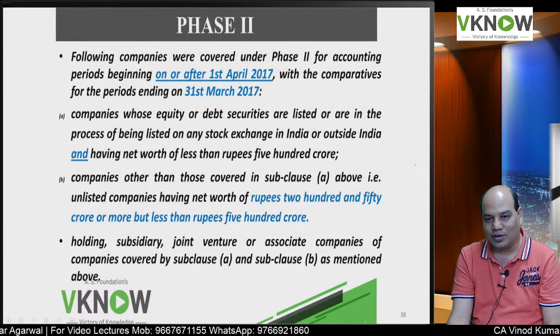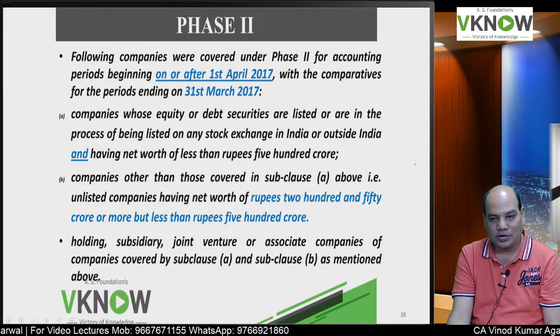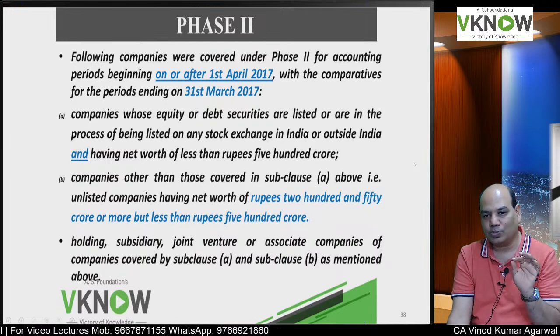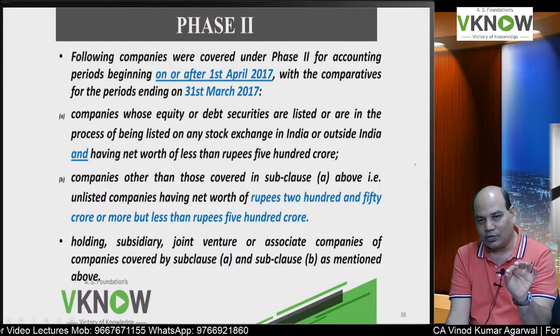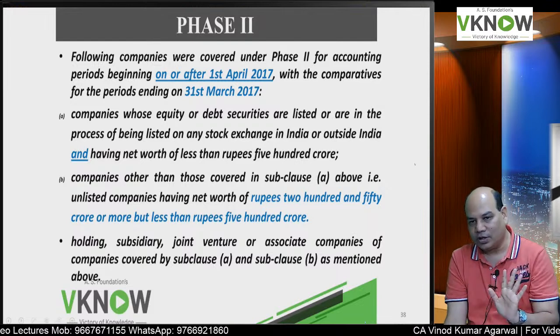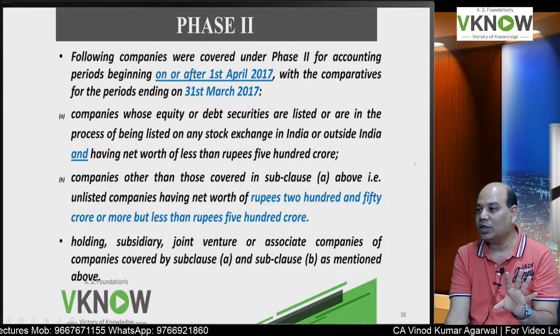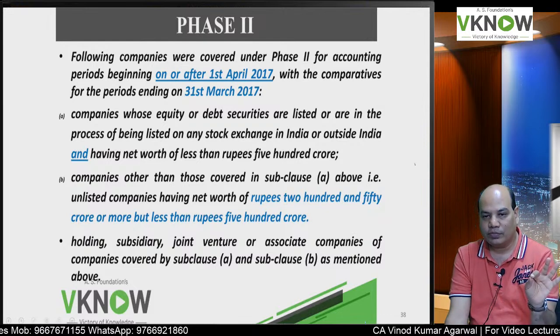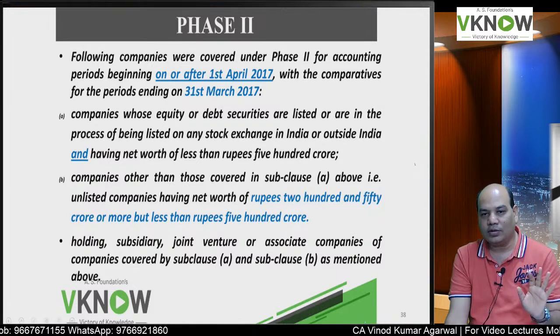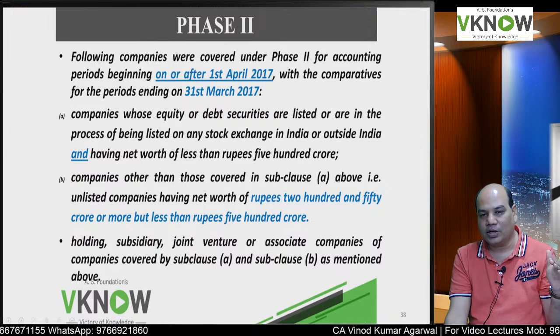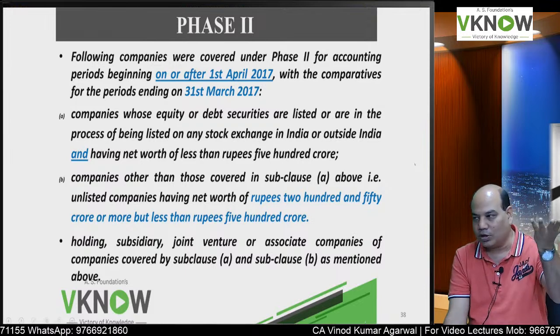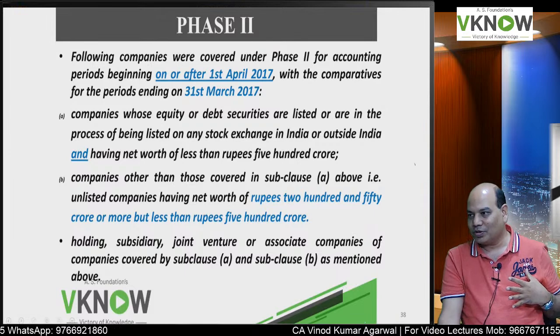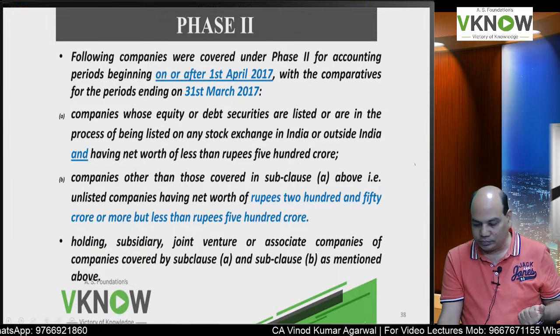So that was phase 1. I will revise. Listed company or in the process of listing plus net worth equal to or more than 500 crore, or unlisted company with net worth more than 500 crore, and if you are a subsidiary, parent, associate or joint venture of either of the above two companies, then you have to follow Ind AS.